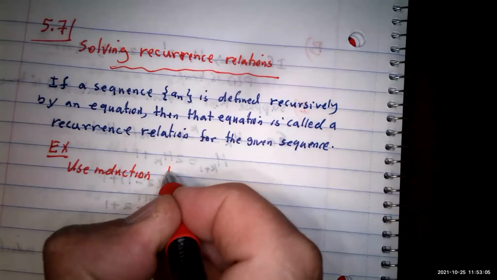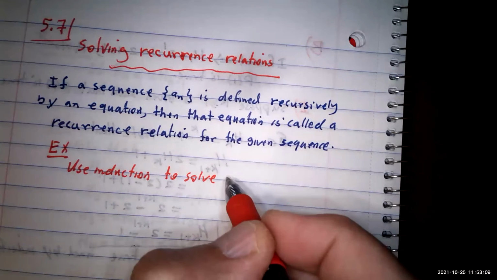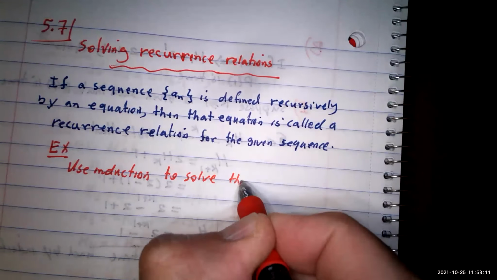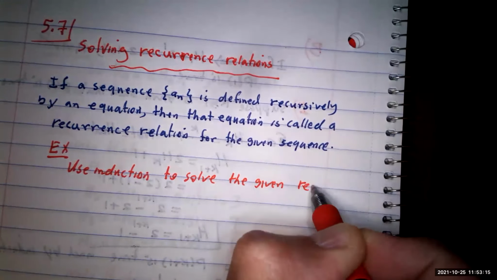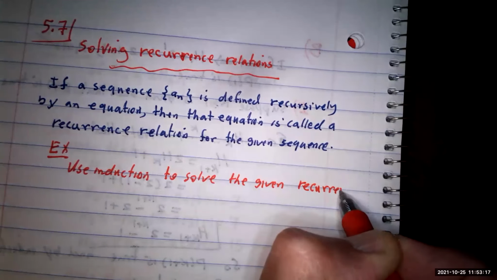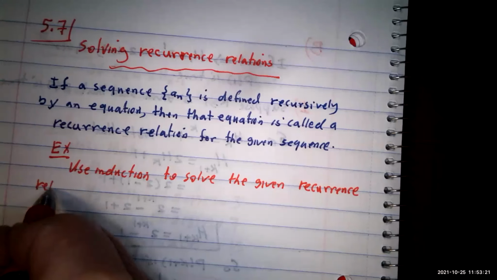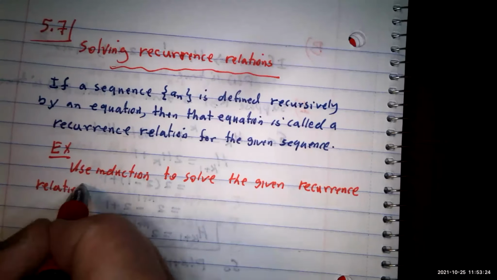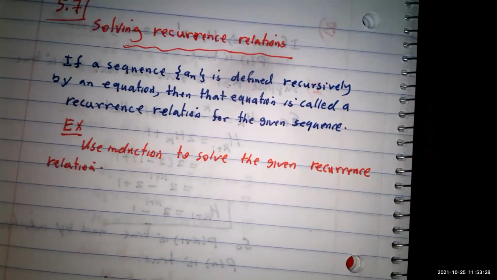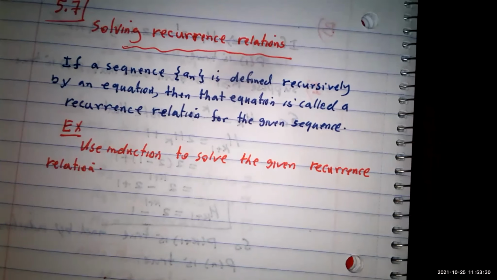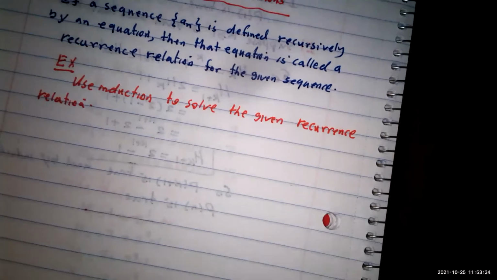Use induction to solve the given recurrence relation. The ones that you have are very limited. It's a kind of geometric one, because we want to make sure that you know the method. Otherwise, the complicated ones are going to be solved later on.